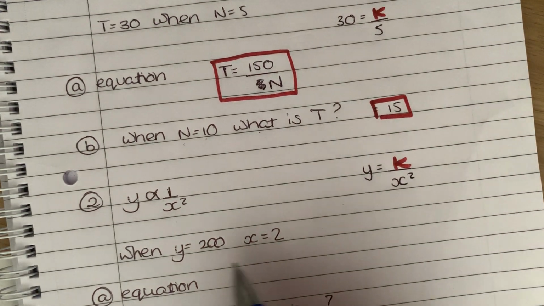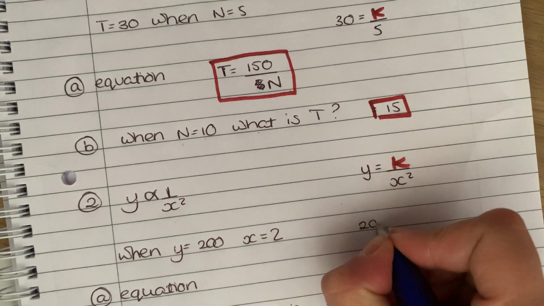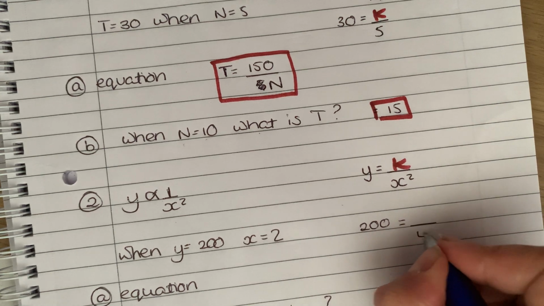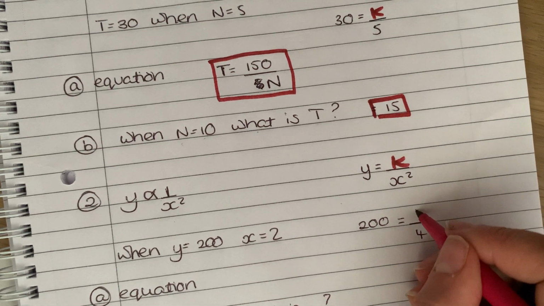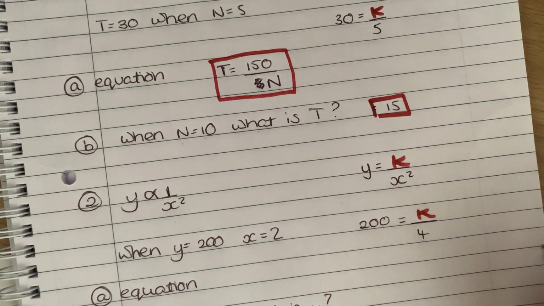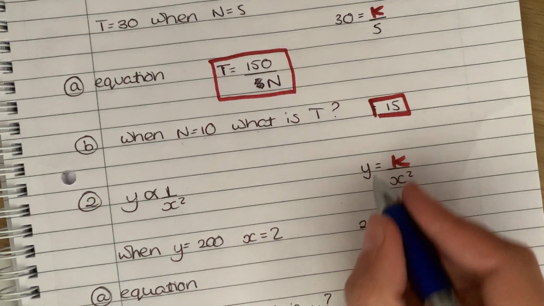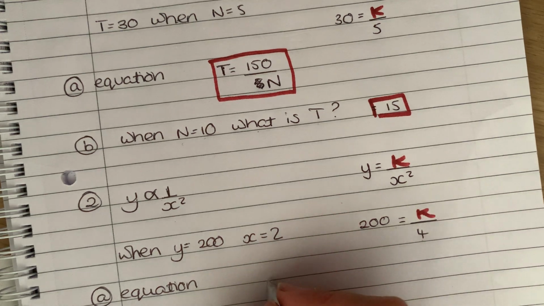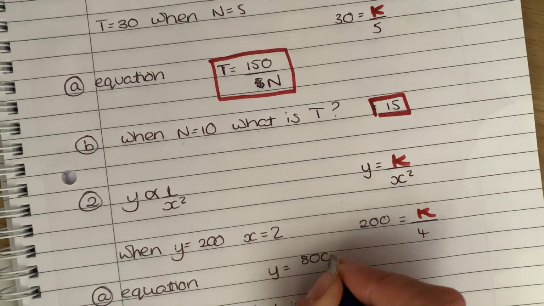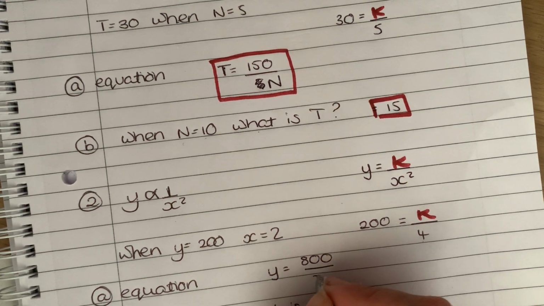Then put in any data that you know: y is 200. Okay, 200 is k over, now 2 squared is 4. So I can see there by multiplying 200 by 4 I get 800. So my equation then will be, going back to this one, so I've worked out that k is going to be 800. y equals 800 over x squared.